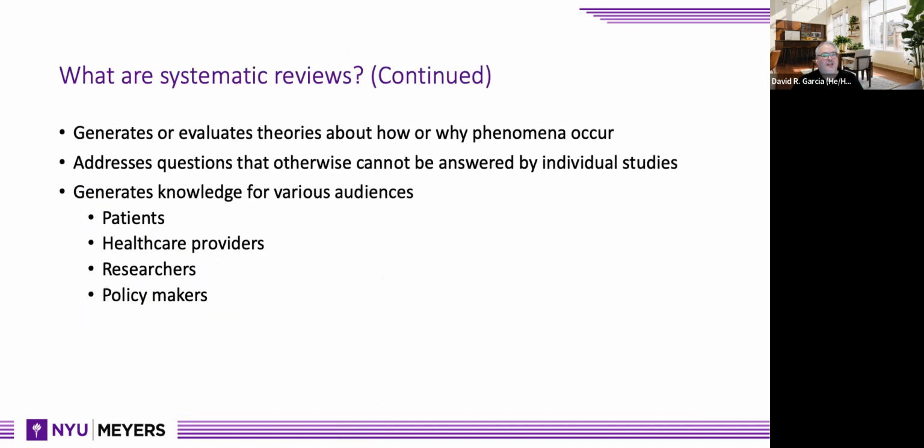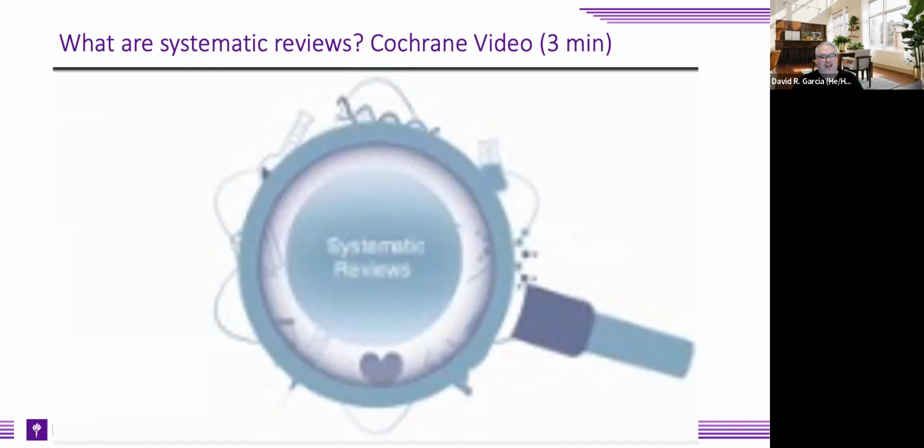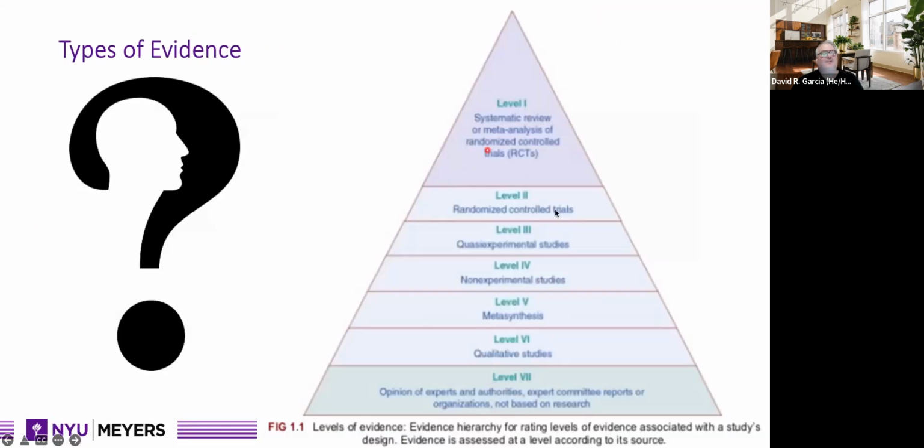When you do an integrative review, you're letting all of that in, so it's more difficult to synthesize. What it boils down to is how you extract that data.